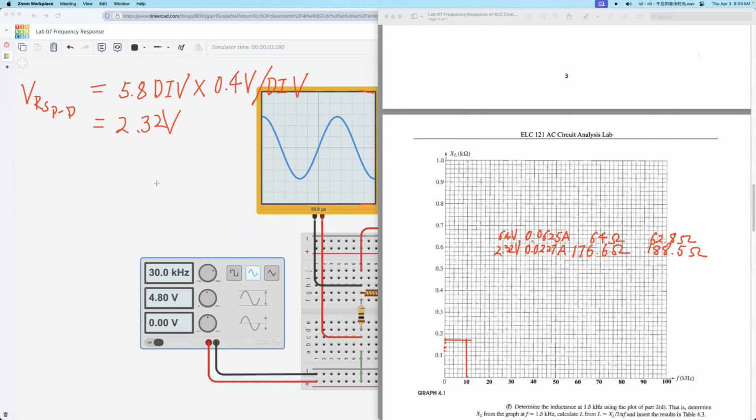Okay. Then we got the intersection point. So the intersection point is at this position, right? So we can cross here. So this is the first point.